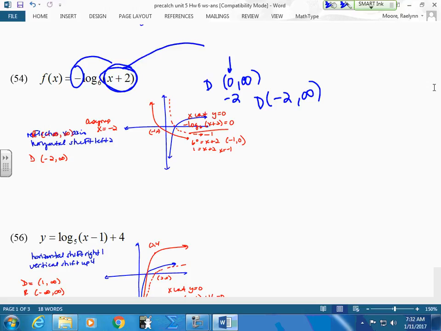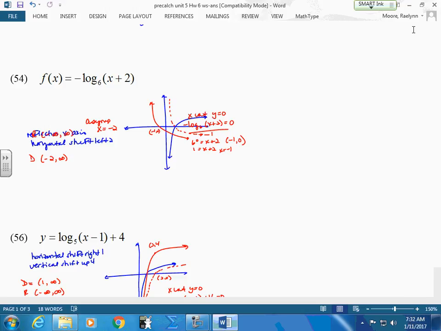Same thing you do with like underneath the radical, greater than 0. You can just take this and say this has to be greater than 0. So x has to be greater than negative 2. Just use the argument right there and set that greater than 0. Only a horizontal shift is going to affect your domain. It's the opposite of the exponential ones. Just so that you can do that one either way.